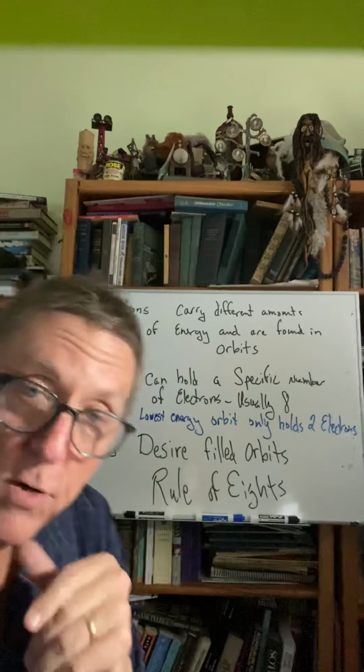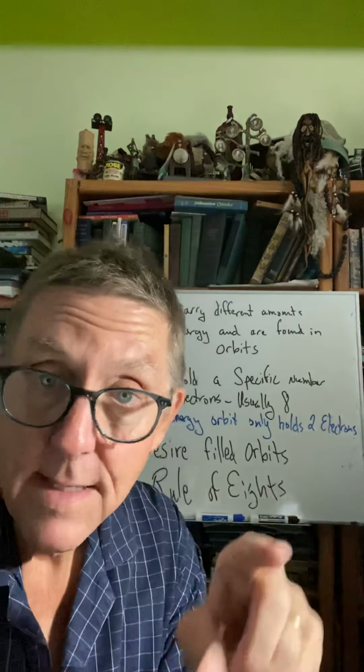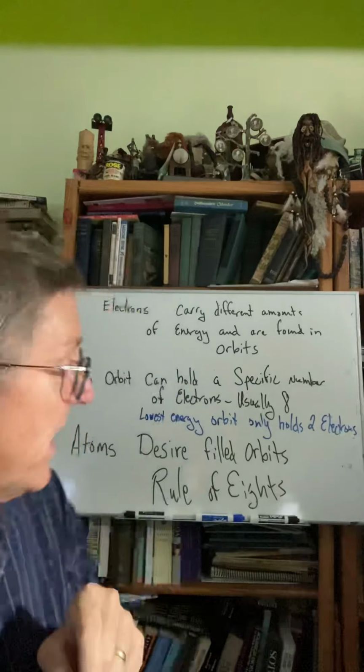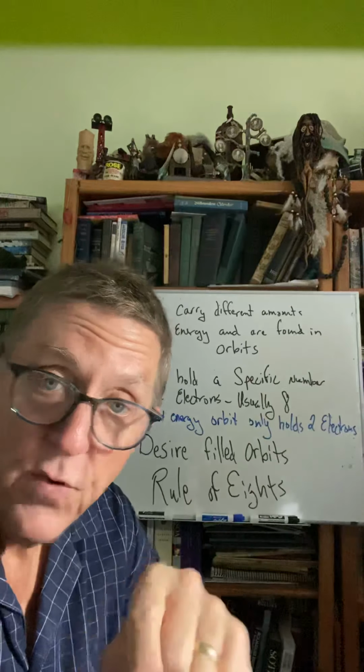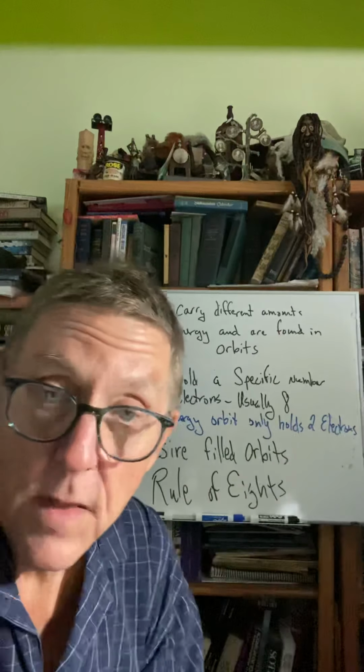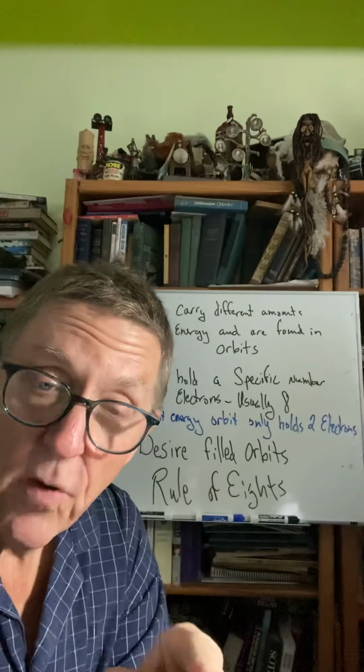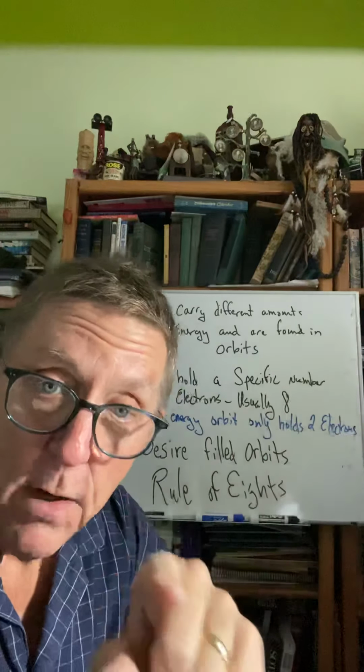Electrons can carry different amounts of energy. If you have low energy, you're going to be in a lower energy orbit. You're still flying around the nucleus, but you're closer than if you have more energy.